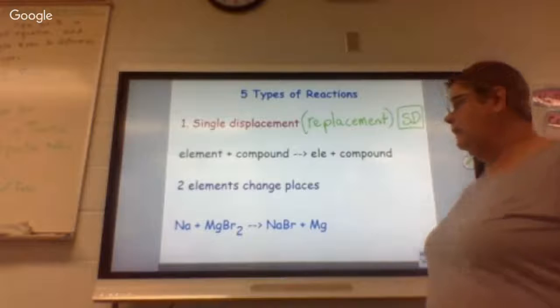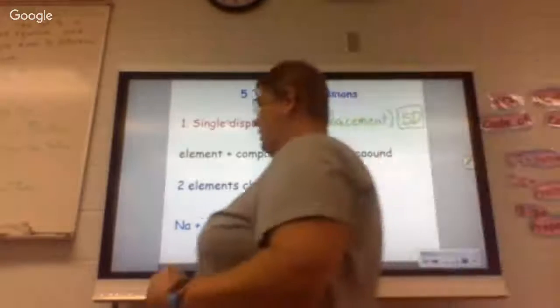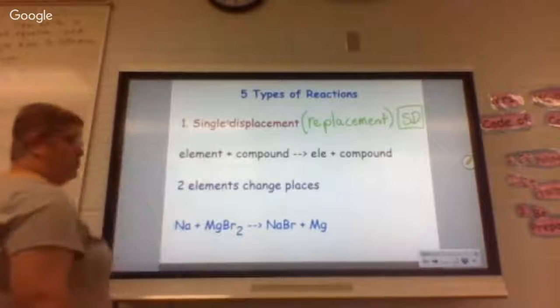So, if we look at this reaction down here, can anybody tell me which 2 elements changed places? Magnesium and sodium switch places. Okay, it's okay if you don't see it. I'm going to show you how it works next week.